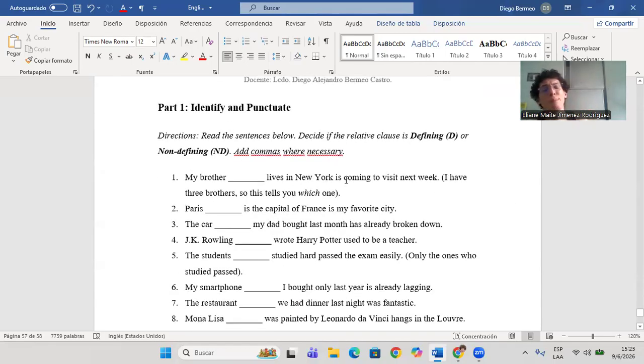So this has been the class so far, and I would like to make more exercises for this class. One exercise about identifying and punctuating relative clauses. Read the sentences below. Decide if the relative clause is defining or non-defining. Add commas where necessary.